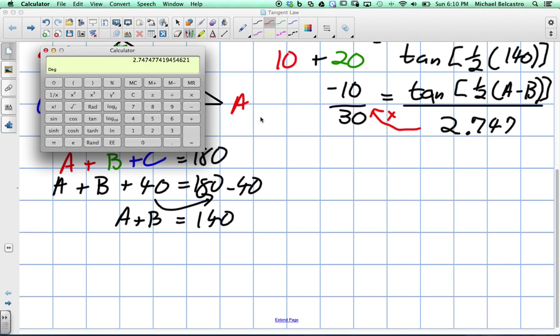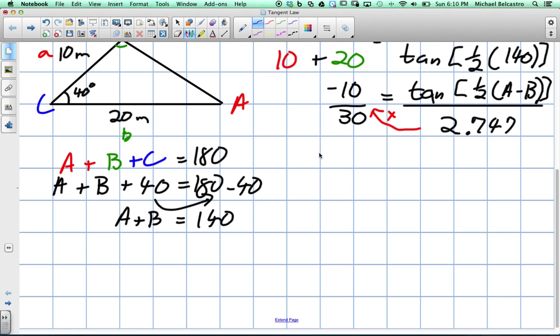We're just going to keep it in the calculator: that number times bracket 1 divided by 3 end bracket equals. And because we're multiplying by a negative, we know that this value will be negative, so it's negative 0.915, which is equal to tan of a half A minus B.